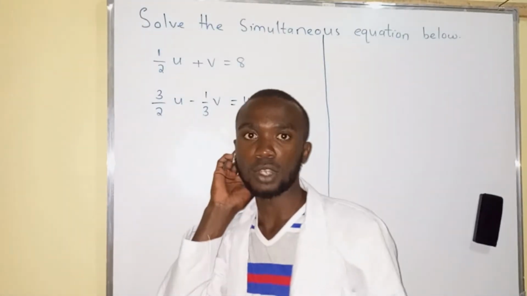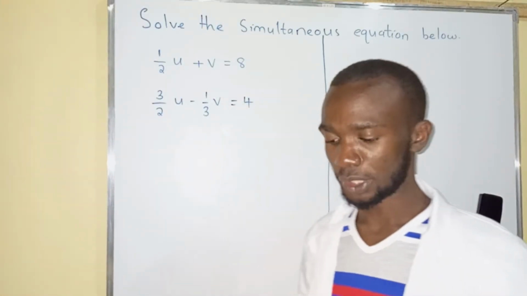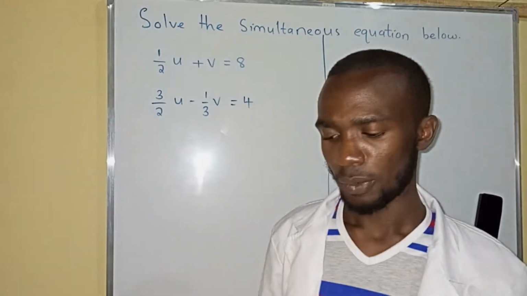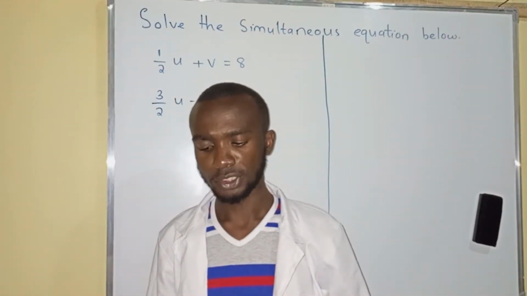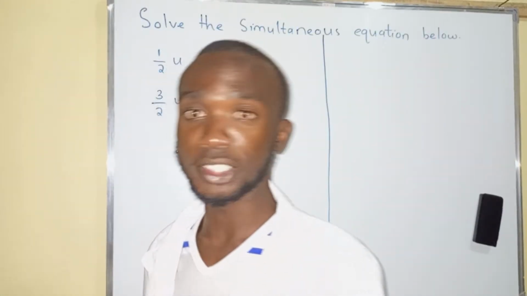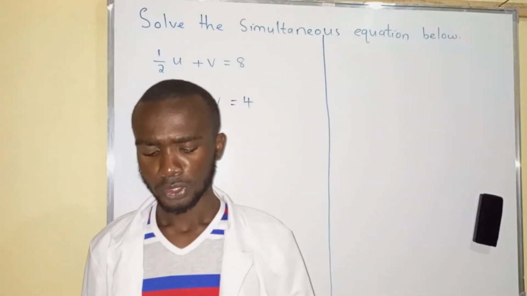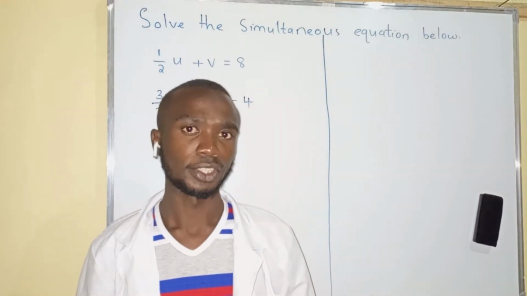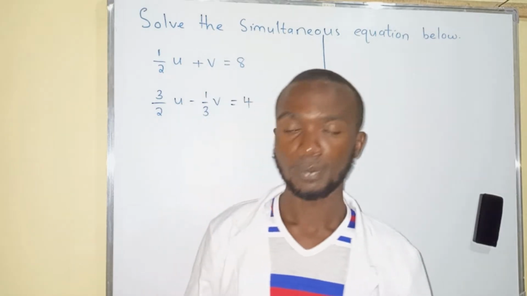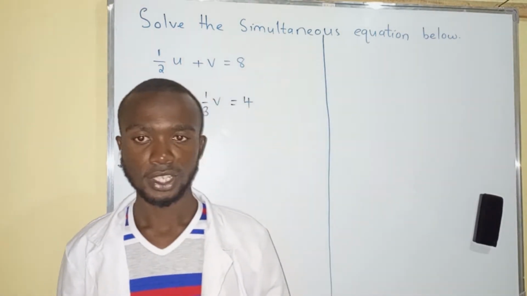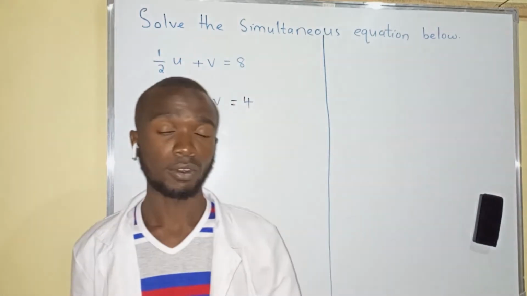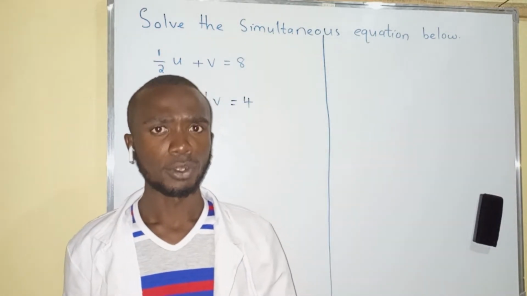Today I'm going to show you how to solve the simultaneous equation given on the board, which I've been told to solve. There are three non-graphical ways of solving simultaneous equations. The first is the elimination method, whereby we eliminate one of the unknown terms.